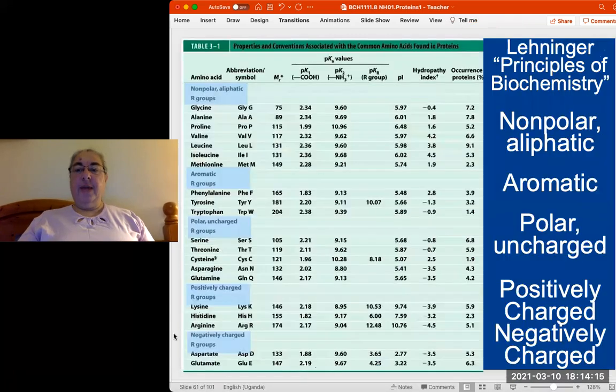We'll move on. Okay, so this is back to our groupings in Lehninger: non-polar aliphatic, aromatic, polar uncharged, and positively and negatively charged R groups.